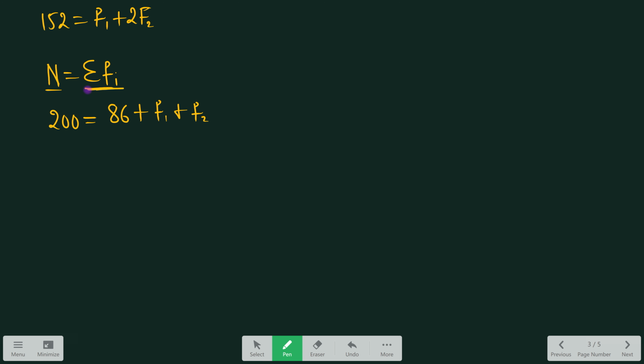So now we can bring this 86 to this side. It is going to be minus 86. So F1 plus F2.